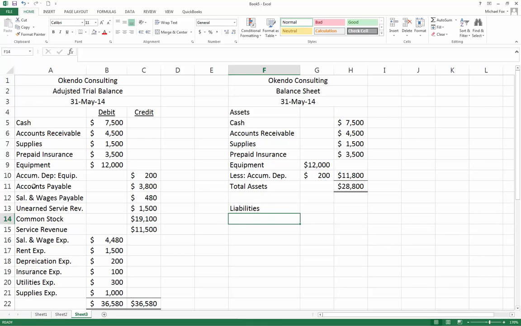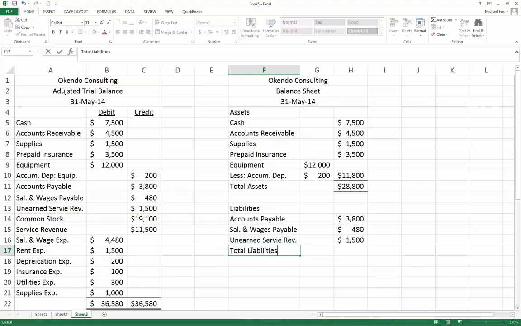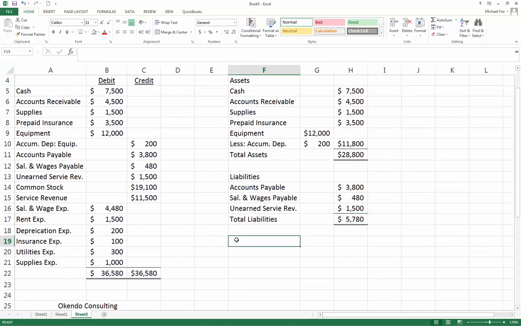Let's see, accounts payable, salaries and wages payable, unearned service revenue. And then stockholders' equity.